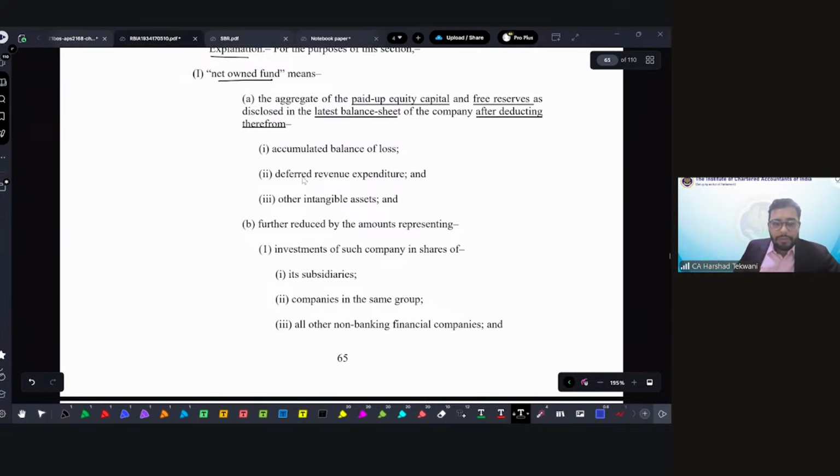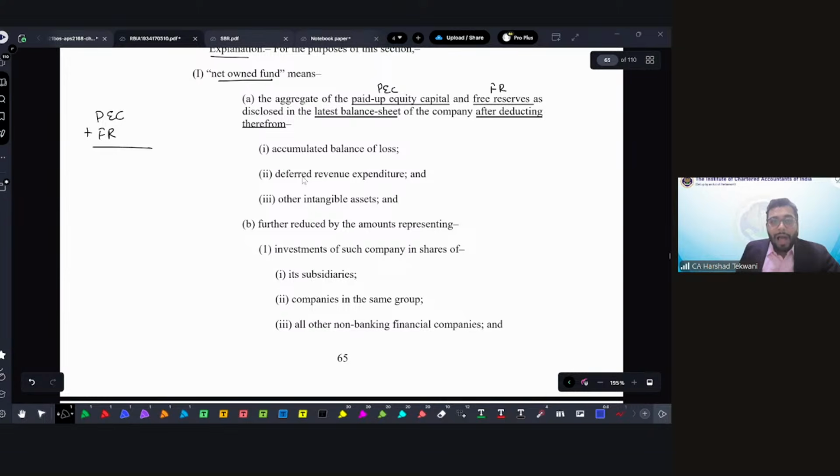So two things we understood. One is the paid up equity capital, plus free reserves. Paid up equity capital and free reserves. Not the preference capital, we are talking about equity capital.